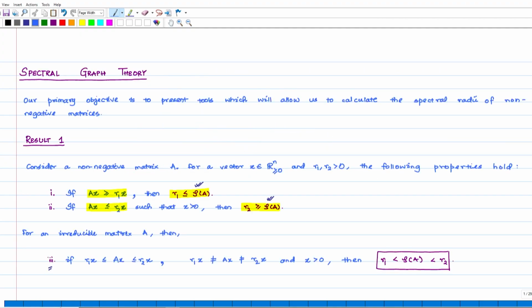It says that we have the inequality R1x less than or equal to Ax, which is less than or equal to R2x, such that none of them are equal to each other. Further, it is also given that the matrix A is irreducible. The irreducibility of A is important in this proof, so let us see how it works.